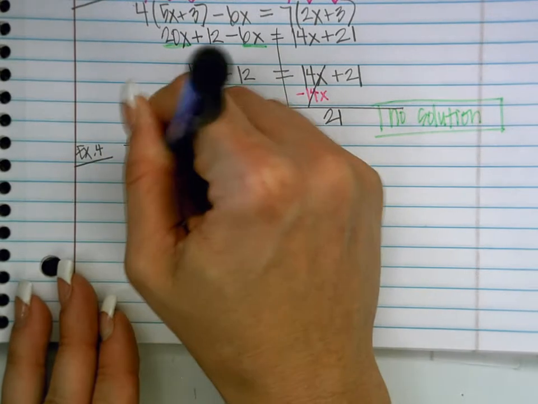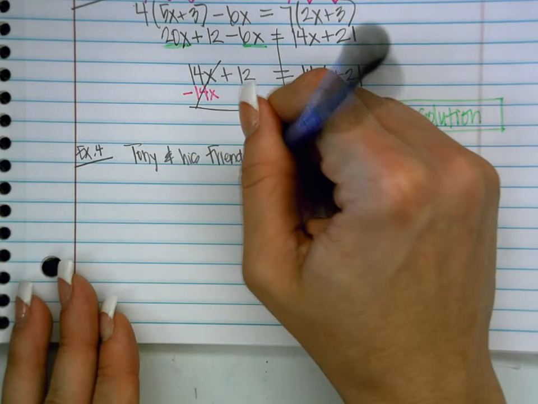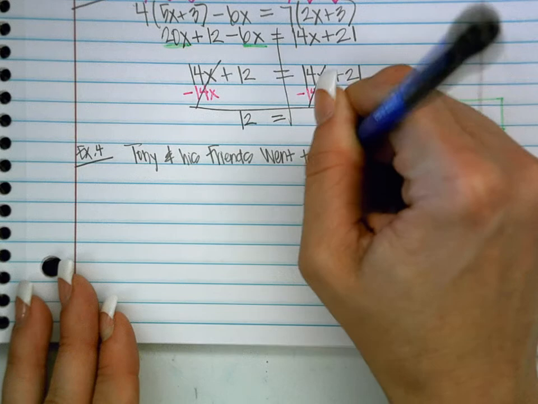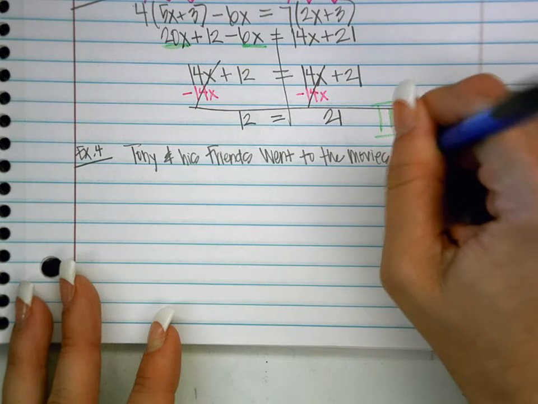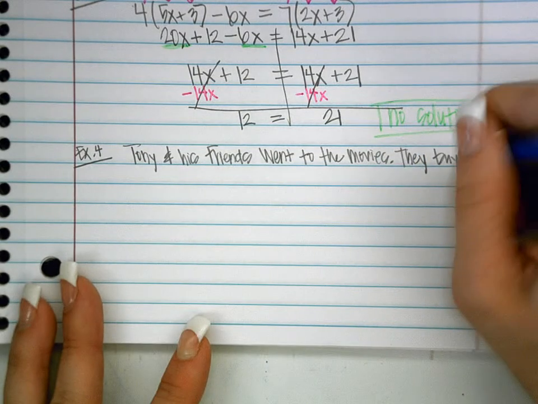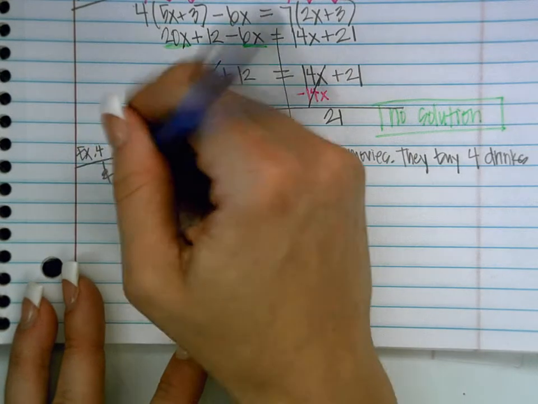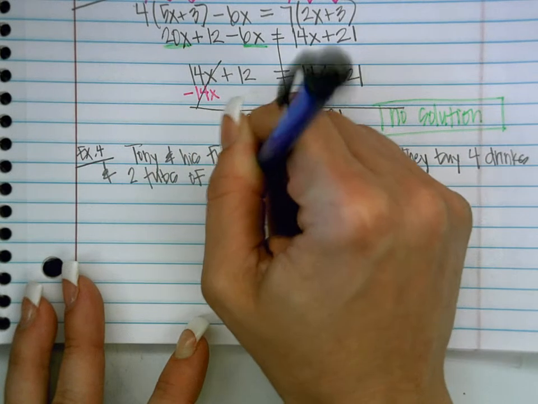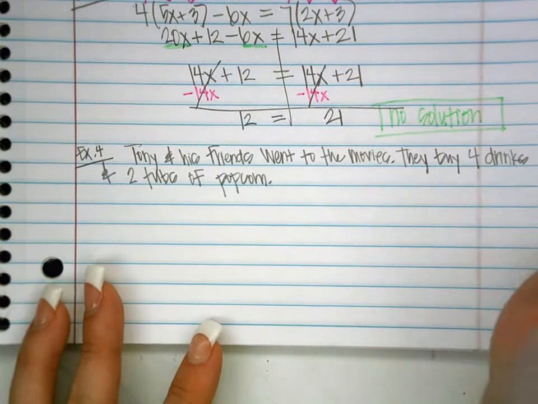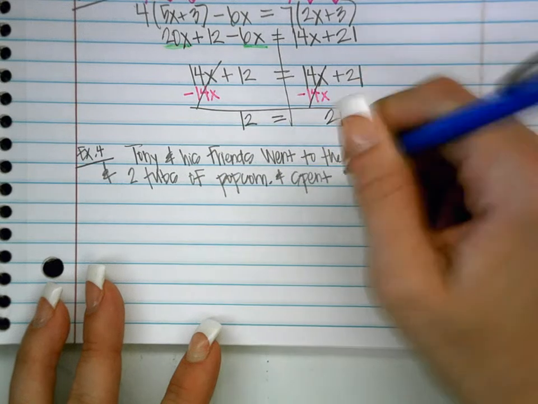For example 4. If I tell you that Tony and his friends went to the movies, they bought 4 drinks and 2 tubs of popcorn and spent $32.50 on food.